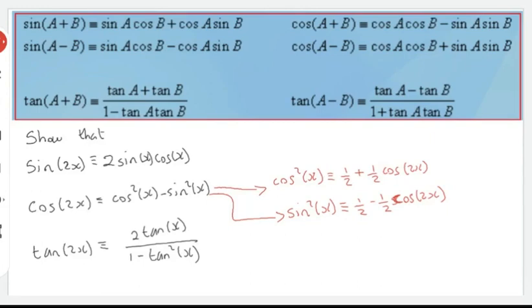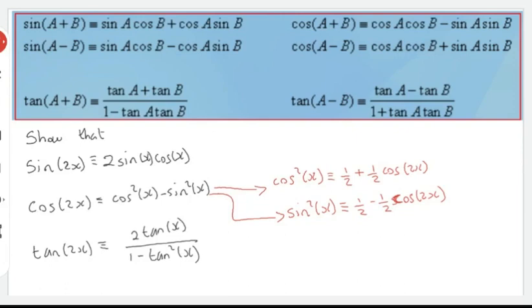And for the first one, you'd use the sine a plus b formula, and then it'd be sine of x plus x. And then when you put it in the formula, you get sine x cos x plus cos x sine x.